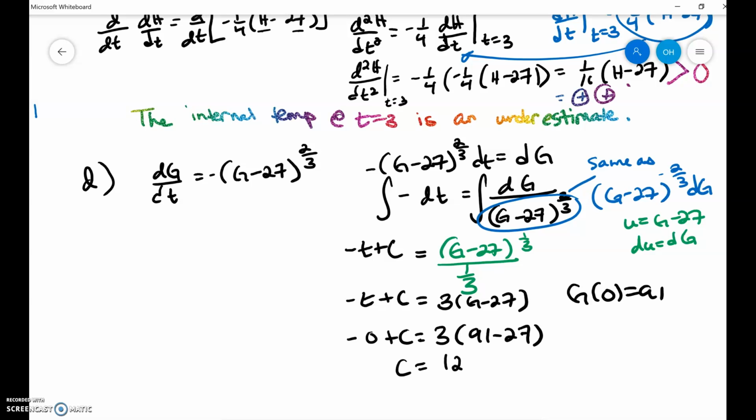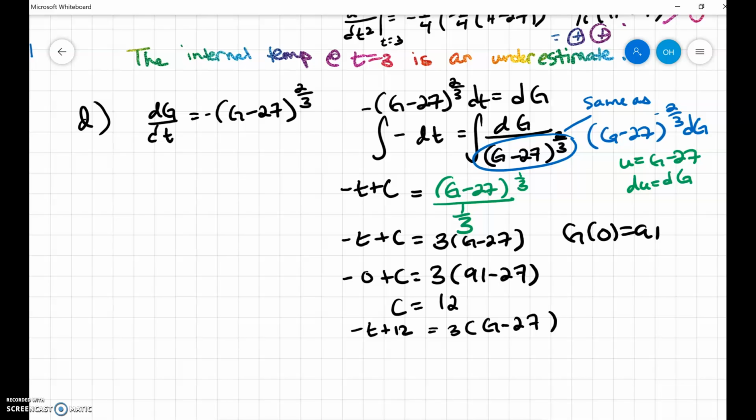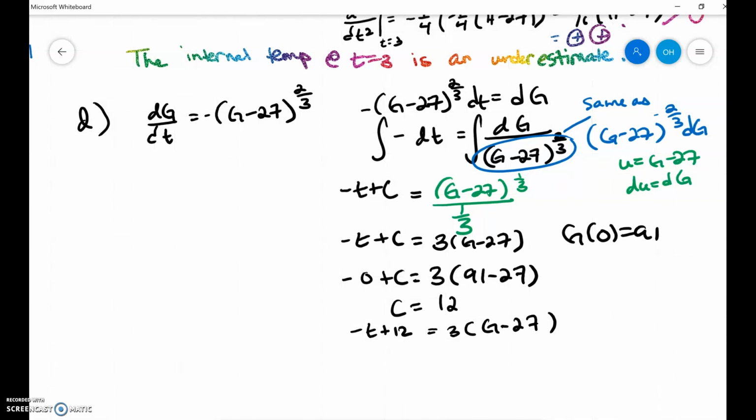So now for my equation, I have 3 times the quantity g minus 27 to the 1/3 is equal to negative t plus 12, or 12 minus t. So now I just have to get g by itself.